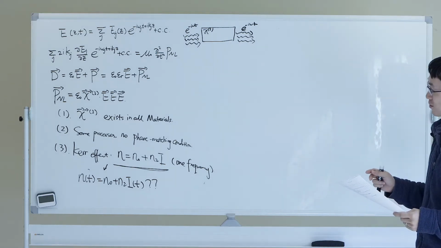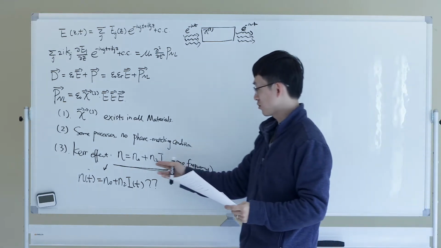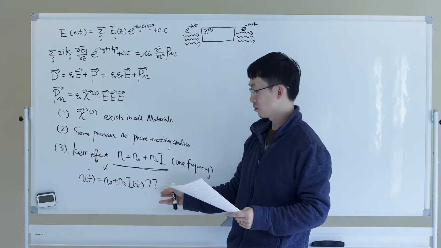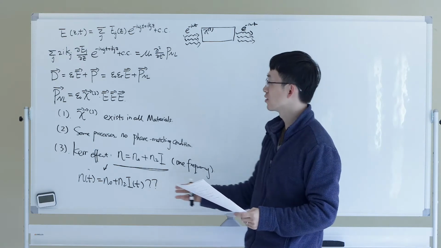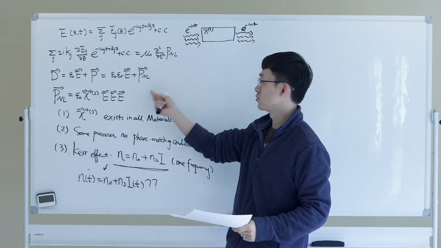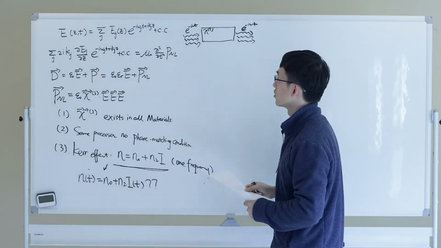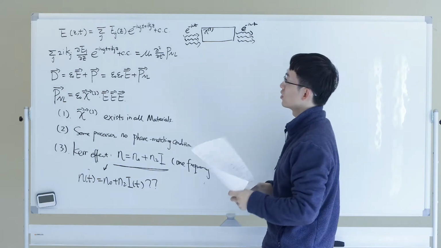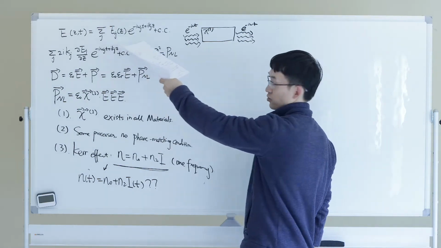Okay, so to derive from a single frequency to a generalized case of the Kerr effect with multiple frequency components, the only way we can do that is by looking back into the equations that we already know, right? So the definition of your electrical field inside the nonlinear medium is quite straightforward. There are multiple frequency components.